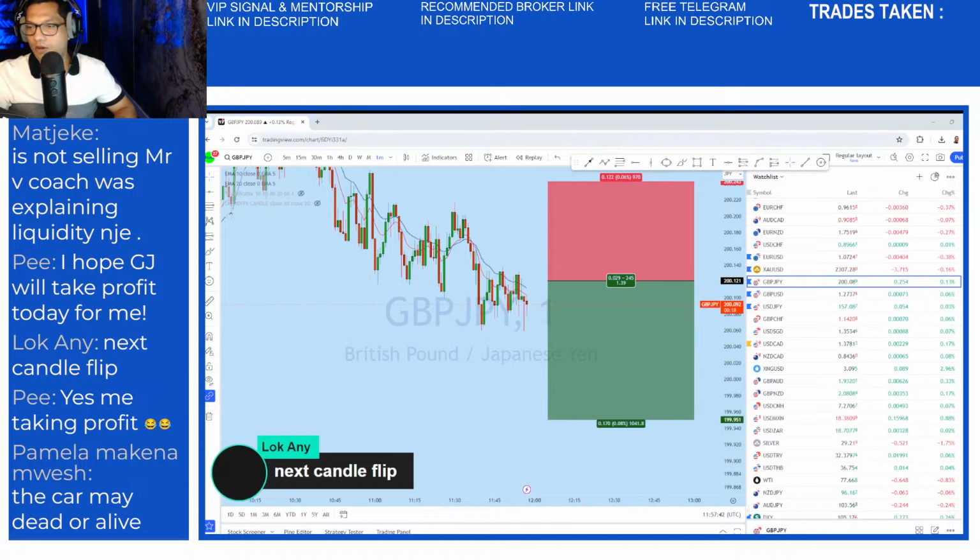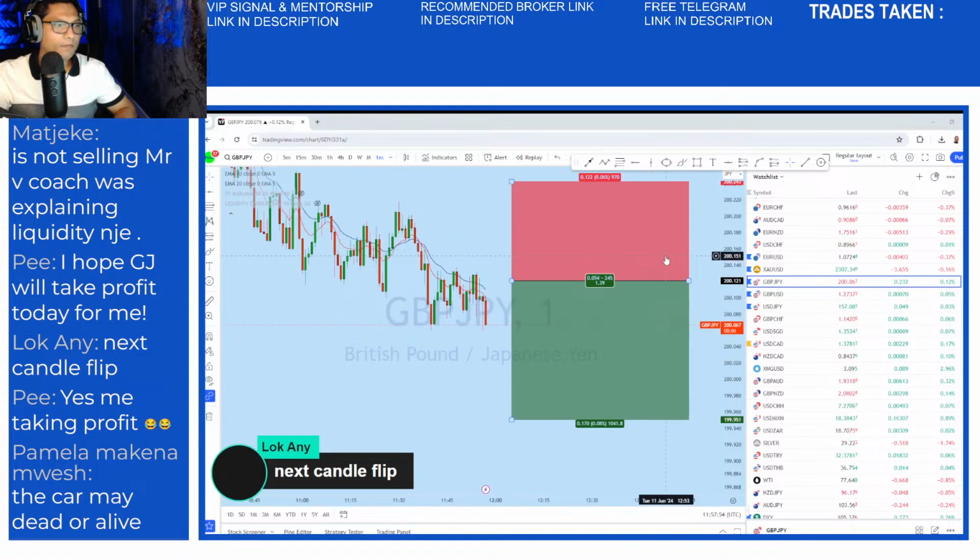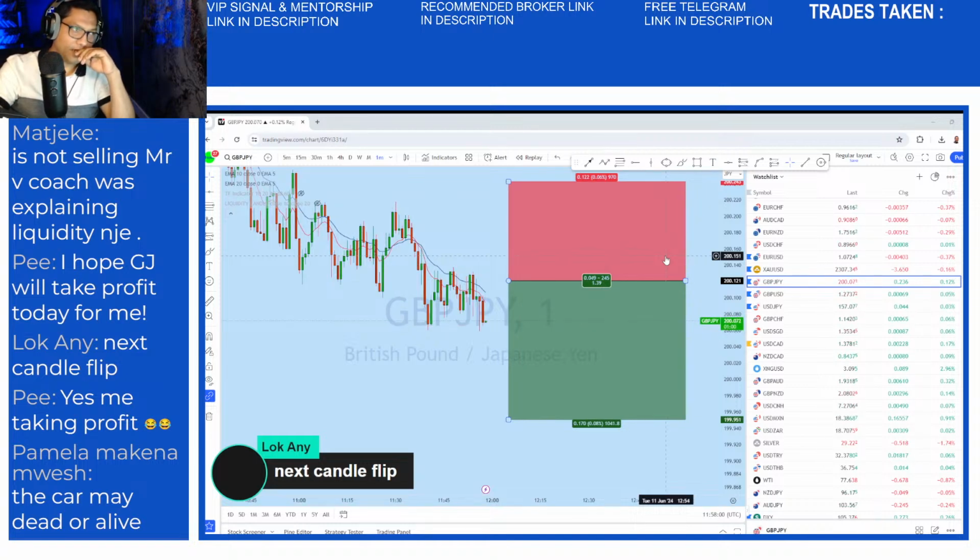So the cat, I'm waiting for the chart to load. Okay. While we are talking about the cat, GJ is dropping, expecting it to drop further.